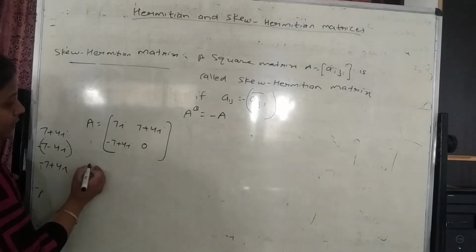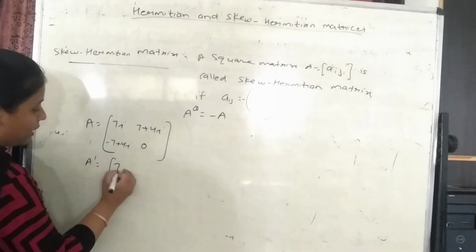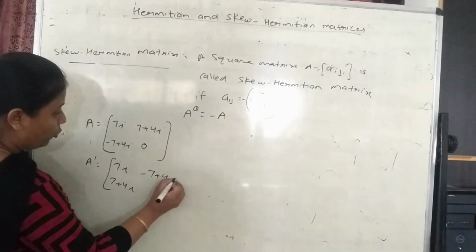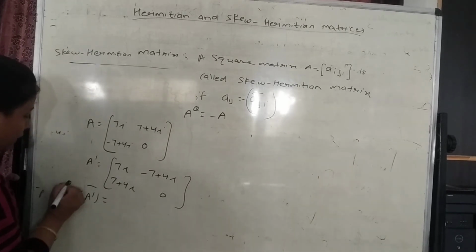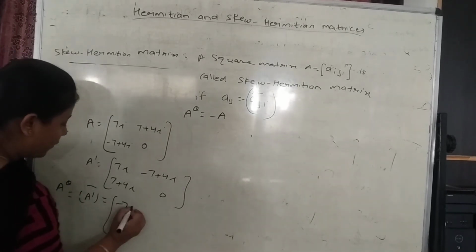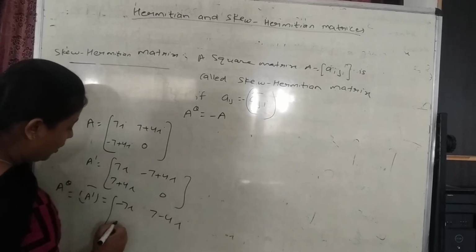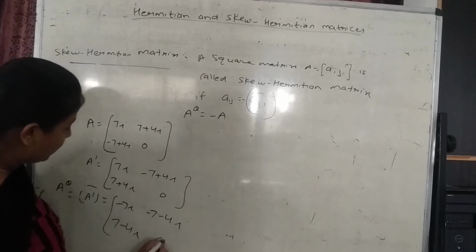Now, we will find its A theta. A transpose will be 7 iota, 7 plus 4 iota, minus 7 plus 4 iota, 0. Now, we will find its conjugate. It will become A theta: minus 7 iota, minus 7 minus 4 iota, 7 minus 4 iota, and here should be minus 7 plus 4 iota, 0.